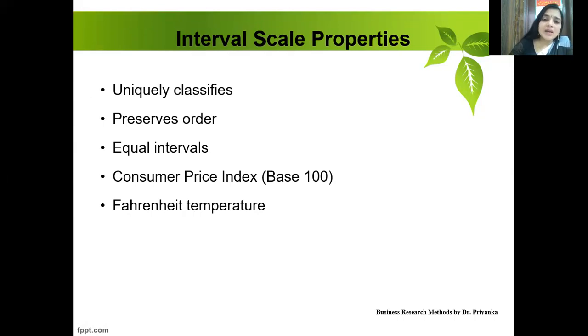So it is just that you have the advantage of that chit 7 with the horse. That is nominal scale. When you say that this particular horse is faster than that horse, for example, horse number 7 is faster than horse number 5, then you are trying to preserve the order. That is your ordinal scale.